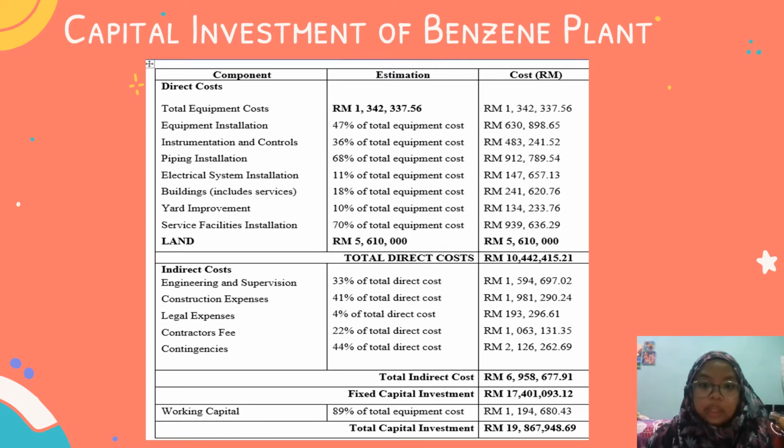Okay, then the indirect cost. The estimation of the indirect cost: first, engineering and supervision, 33% of total direct cost. Construction expense, 40% of the direct cost. Legal expense, 40% of total direct cost. Contractor's fee, 22 percent of total direct cost. And the last one is contingencies, 44% of total direct cost.